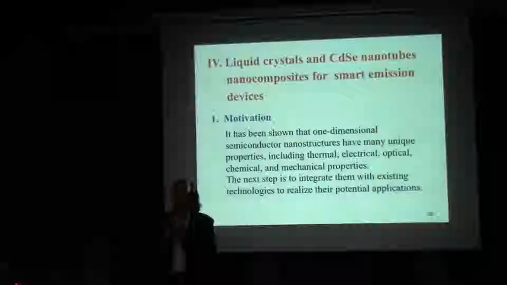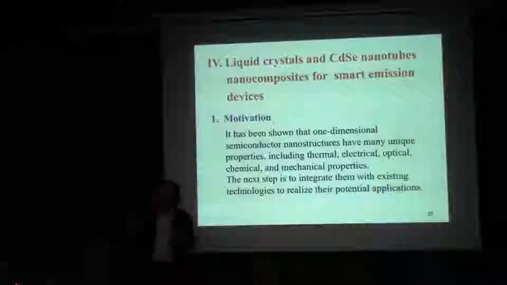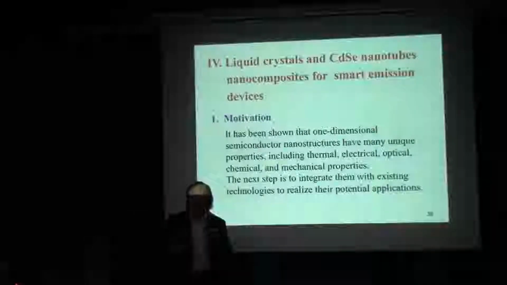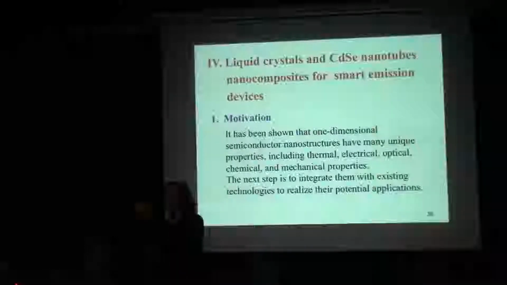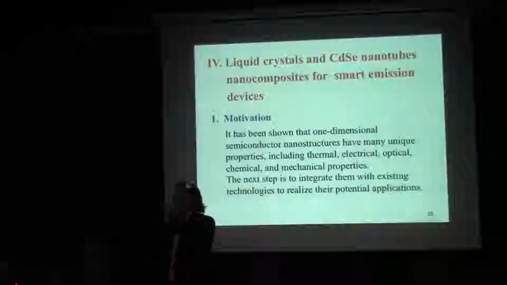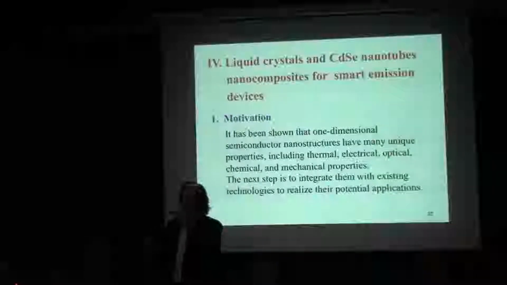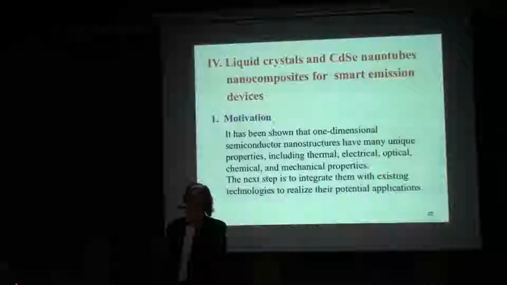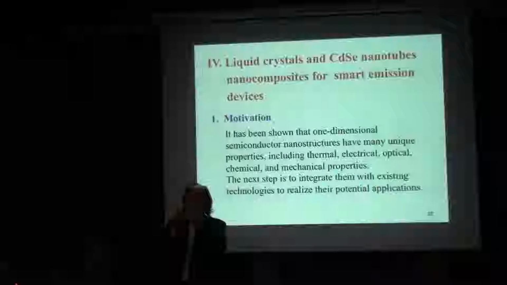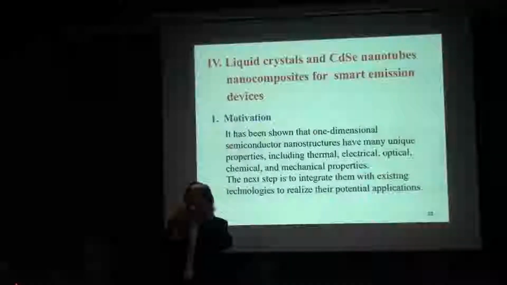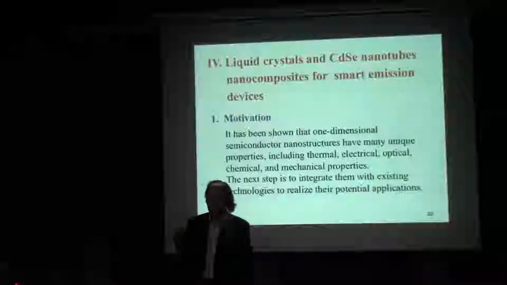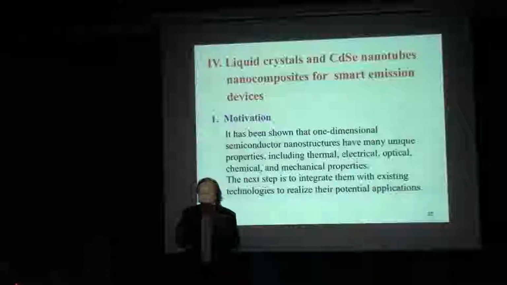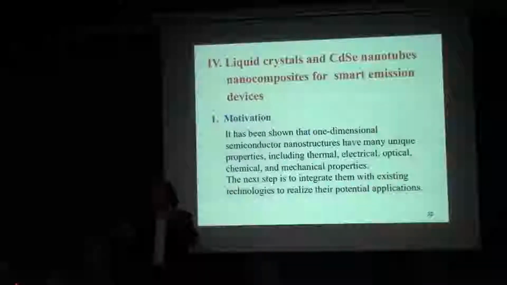If we add semiconductor nanowire into the liquid crystal device, the nanowire will also have a preferred orientation along the same direction as the liquid crystal molecule, because that is the lowest energy.